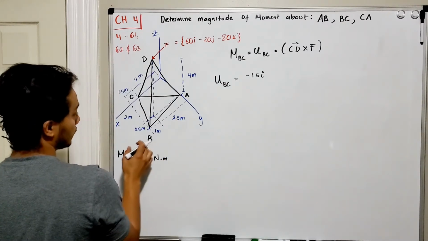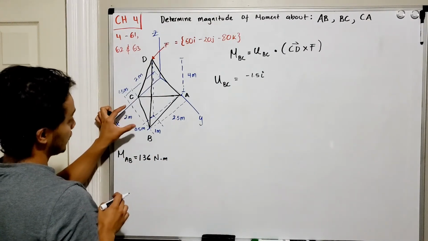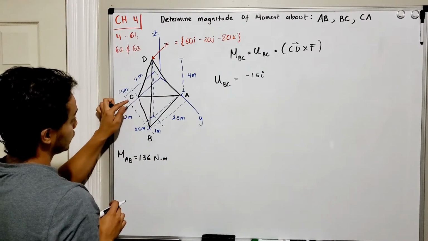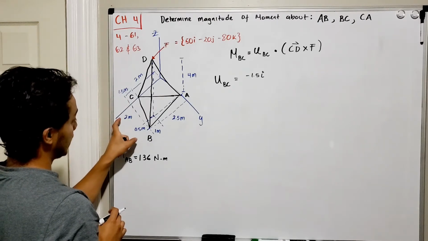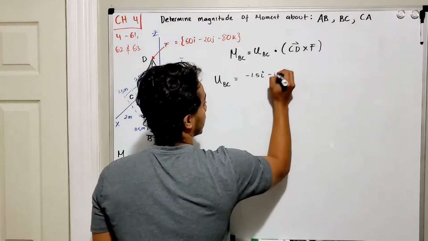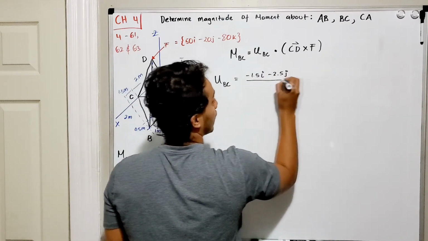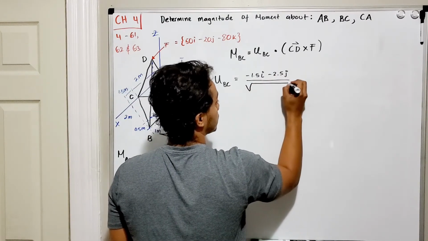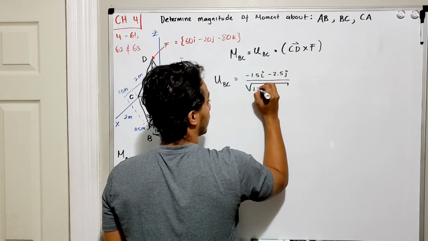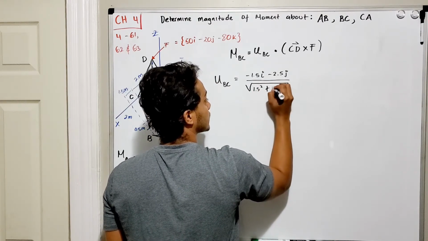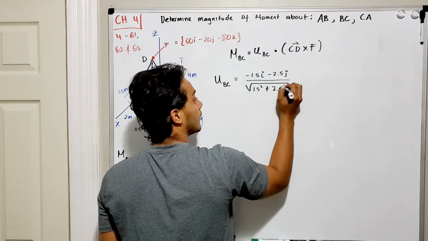In the Y direction, C has 0. So we do 0 minus how much the B has, which is 2.5. So negative 2.5 in the J direction. And then the magnitude is going to be the square root of 1.5 squared plus 2.5 squared.